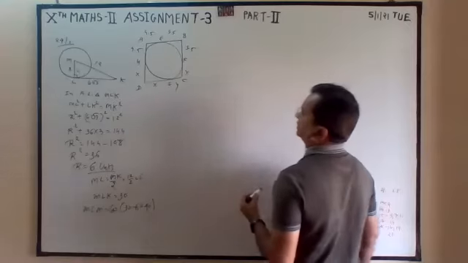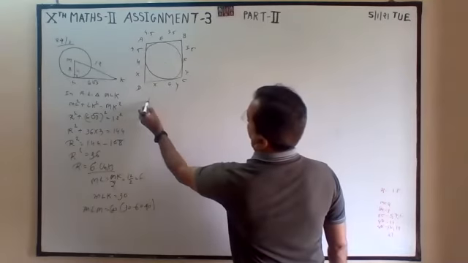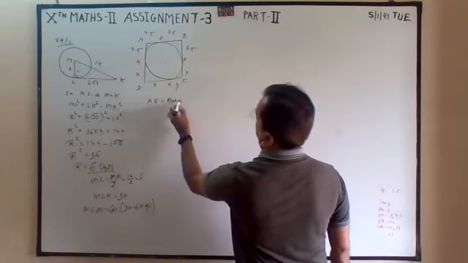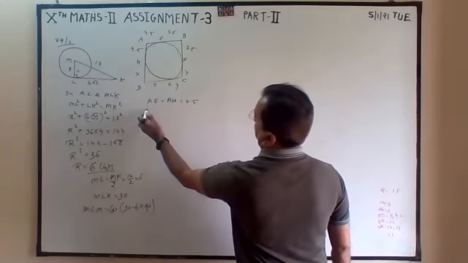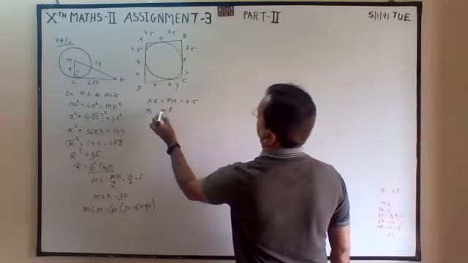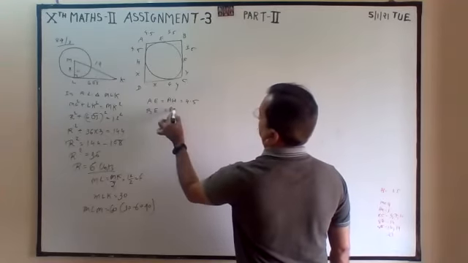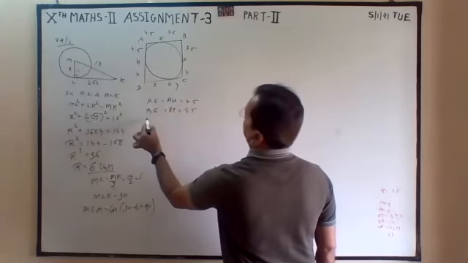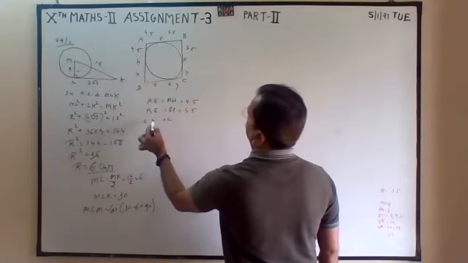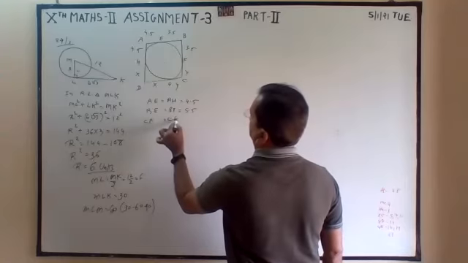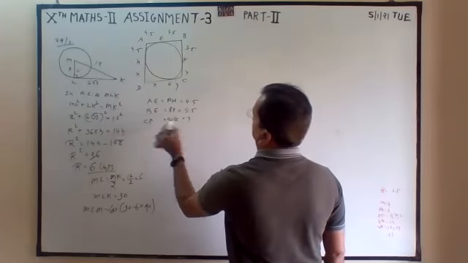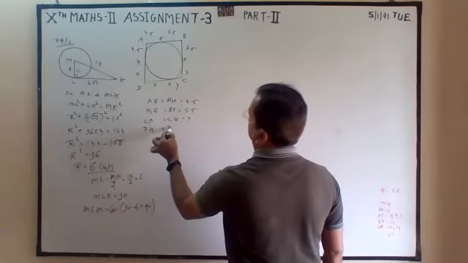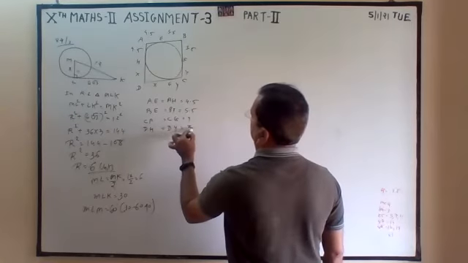So we have to find out X. So start from A. AE is equal to AH is equal to 4.5. Start from B. BE, BF. C. CF, CG. D. DH, DG.